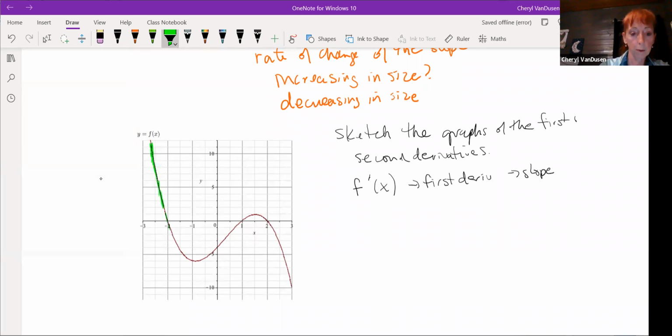It's a changing slope, but it's a negative slope all the way down to there. Then we end up getting a 0 slope right here, right when we're at the bottom, our tangent line would be horizontal. So this has a slope of 0.